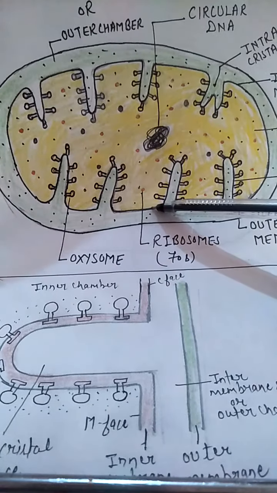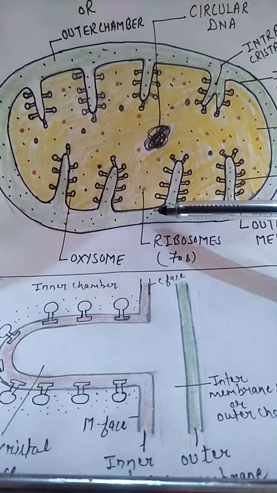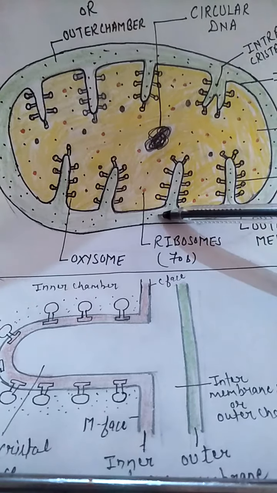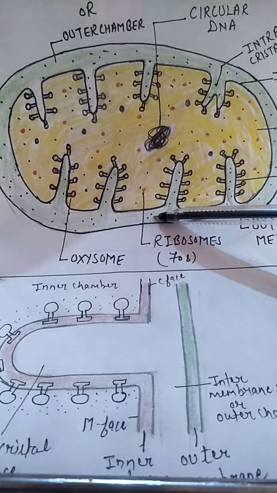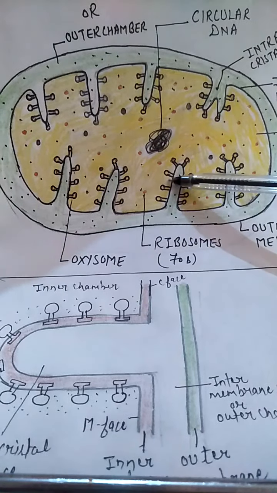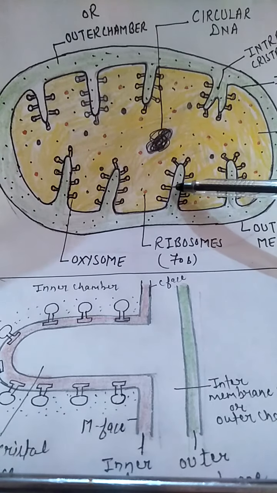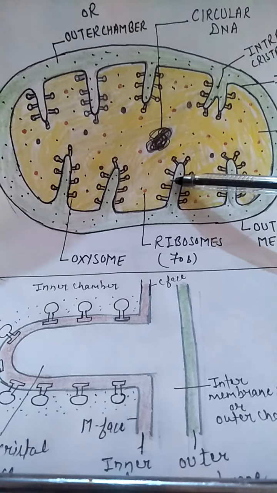Now students, this inner membrane has two faces. The face toward the outer chamber is known as the cytosolic face or C face, and the face in contact with the matrix is known as the M face.